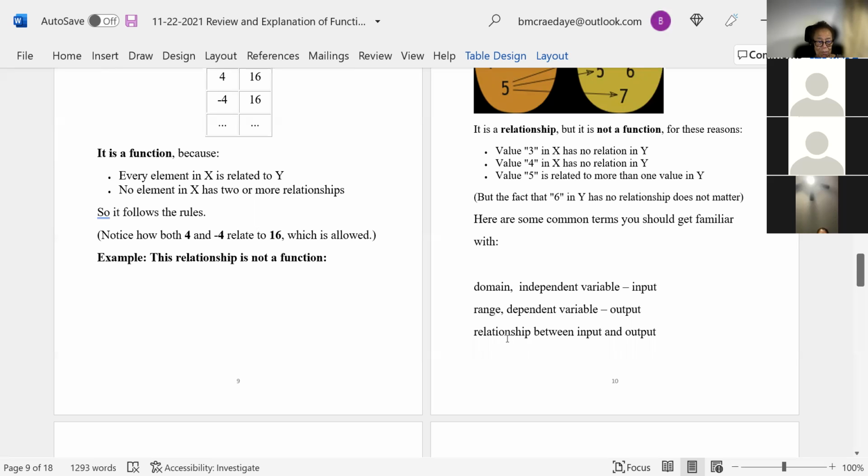And the relationship is between the input and the output. Okay, so if you were given X and Y pairs, you'd pick out the domain as all of the X values and the range as all of the Y values. Is that clear?